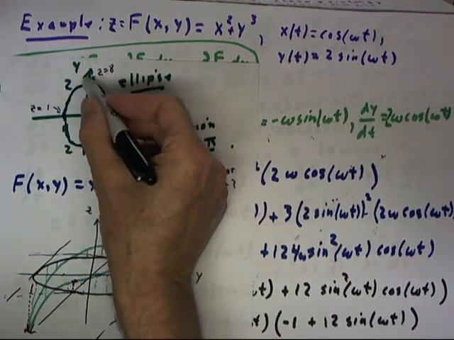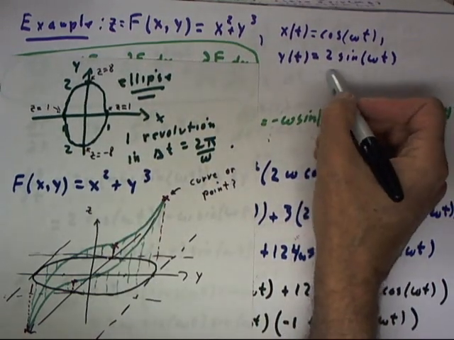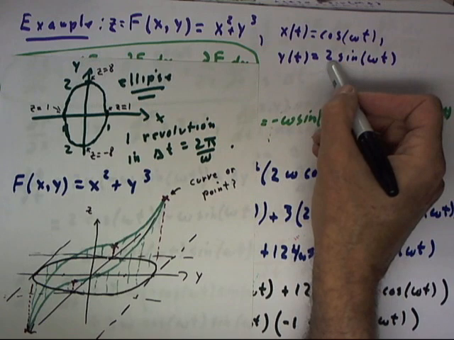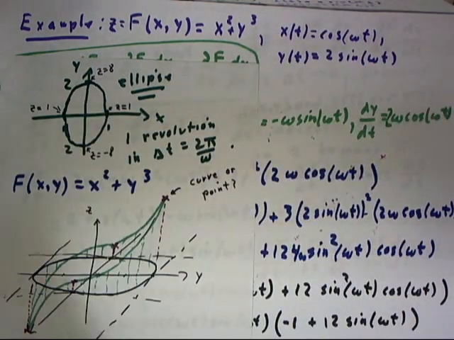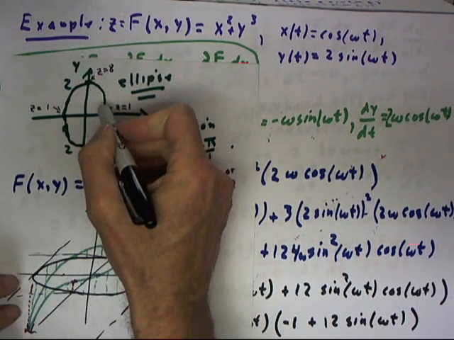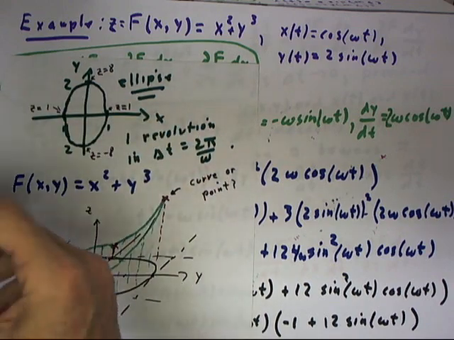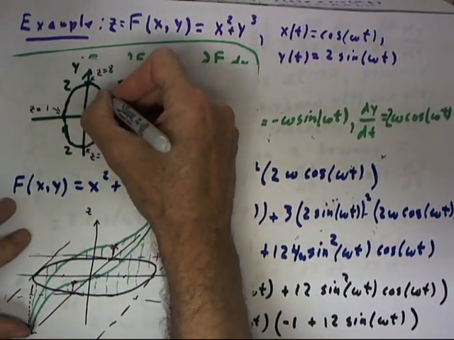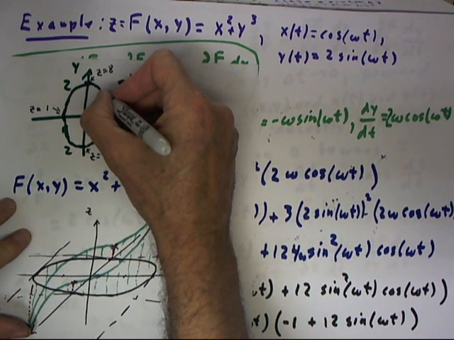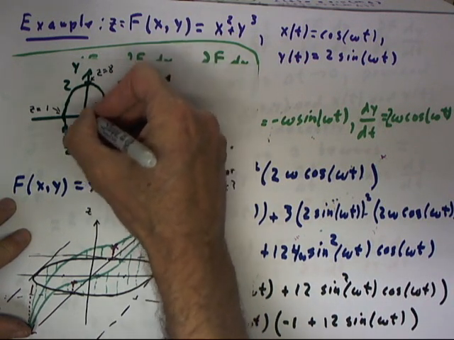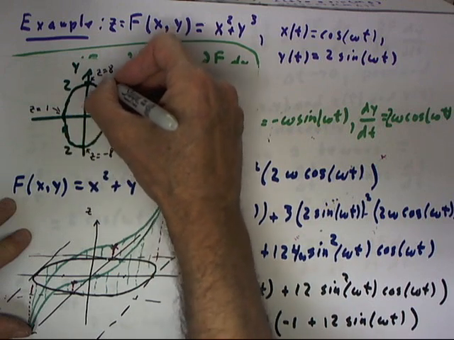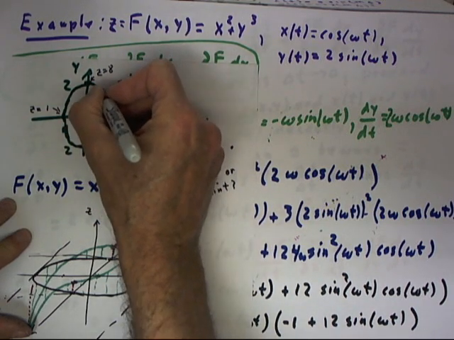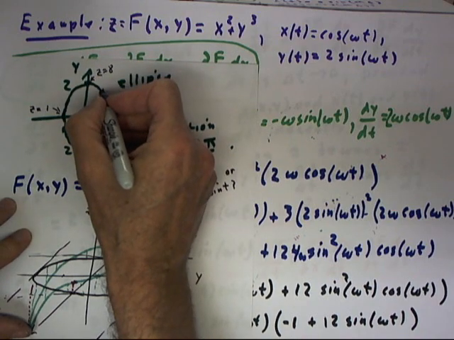But halfway in time between here and here, the sine is going to be equal to the cosine, so the y-coordinate is going to be twice as big as the x-coordinate, which means that we move from here to a point that's past the 45-degree point on the graph, where y is twice as big as x. Now, if we were to draw the line y equals 2x, with a slope of 2, that would put us about here.